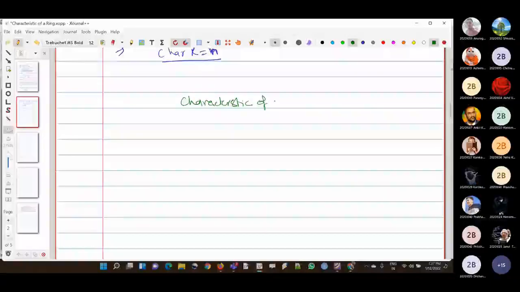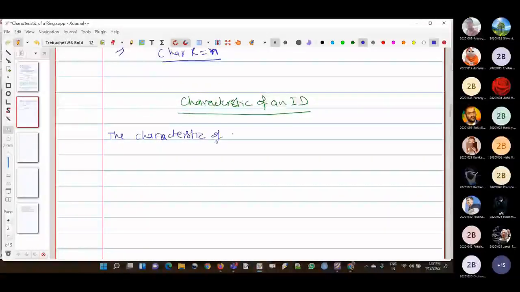Characteristic of an integral domain. It says that the characteristic of an integral domain is 0 or prime.